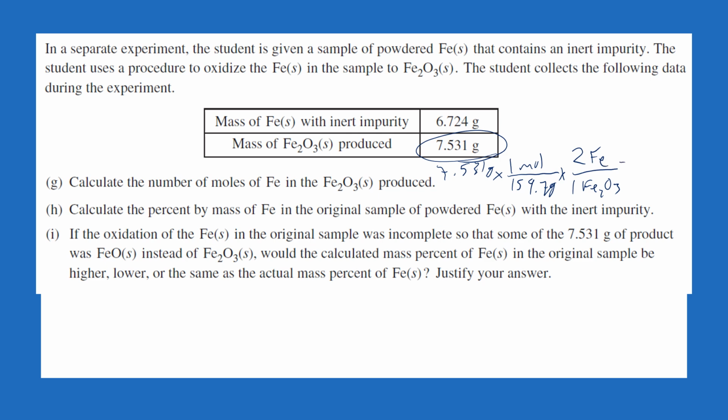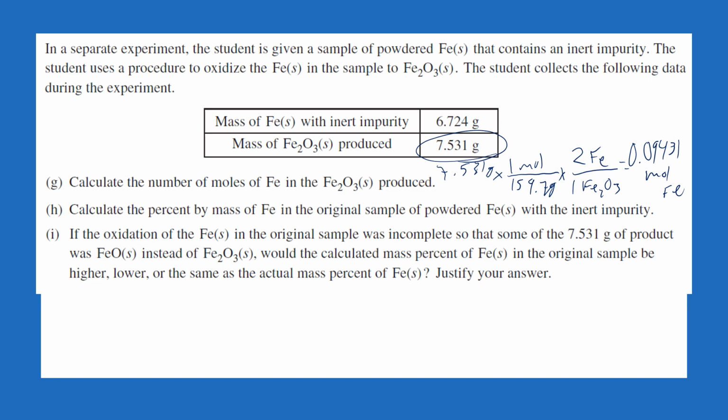So that way I can find out the specific moles of iron, and I would get 0.0943. We're using 4 sig figs? Yeah, so 0.09431 moles of just iron.